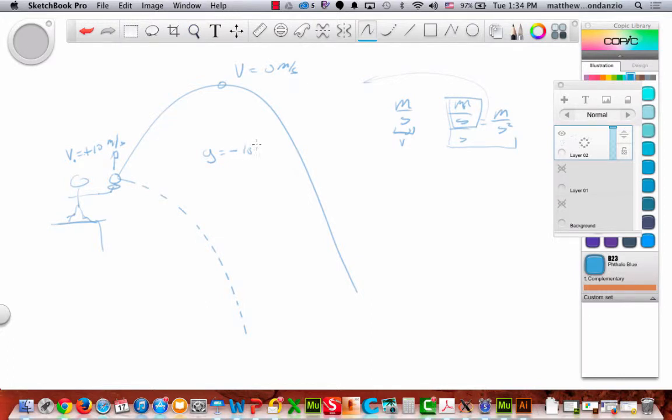Let's do negative 10 meters per second squared. So which really means, again, meters per second, right? How long is it going to take for the ball to reach the apex, or when my velocity is equal to 0?